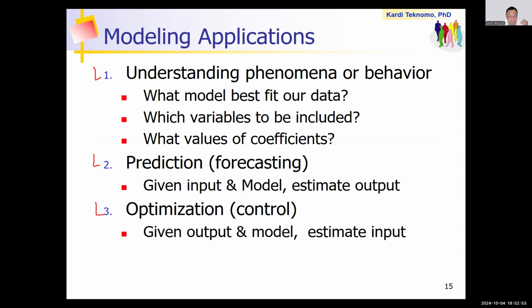When you do modeling, you transfer. Level 1 is to understand the phenomena or behavior. Through observation, you collect data. Then you get what is the best model that fits your data, and which variables to be included based on your survey, and what the coefficient values are.